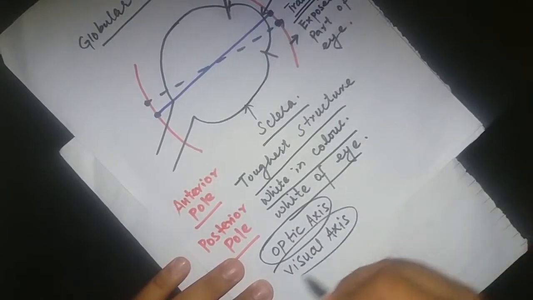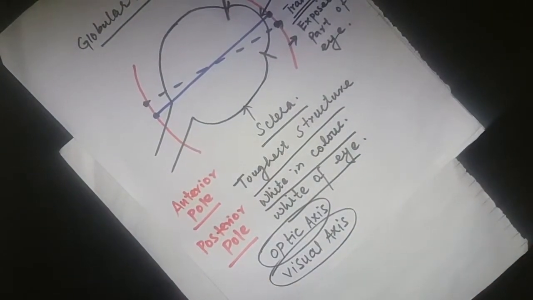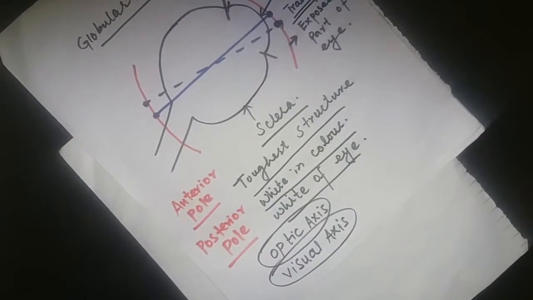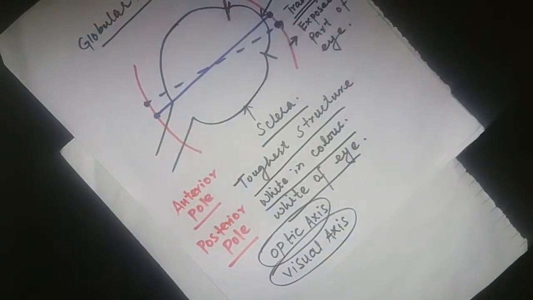Now there are two types of axis, an optic axis and a visual axis. The optic axis is a line joining the anterior pole to the posterior pole, and a line joining a point a little medial to the anterior pole and a little lateral to the posterior pole is known as the visual axis.